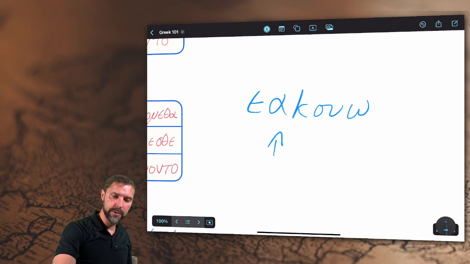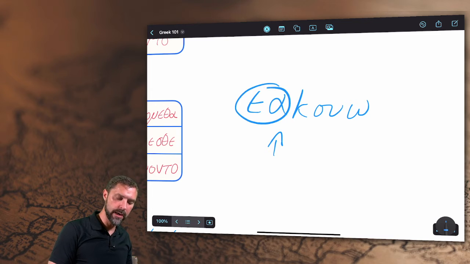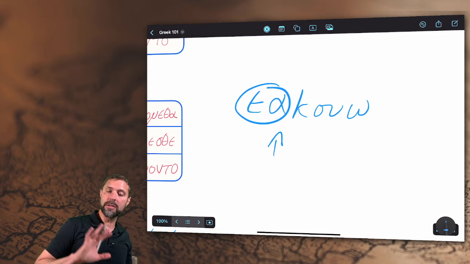So Plummer works through these and shows you that these will combine, and when the augment is in there, you take the vowel and lengthen it. That's your basic principle. Take the vowel and lengthen it, and you'll get to how the augment combines with that verb.